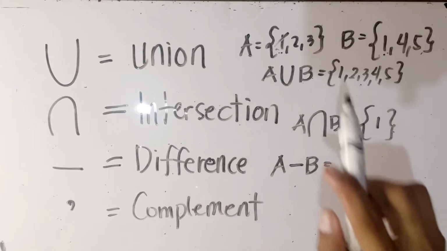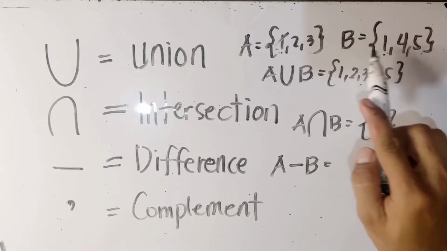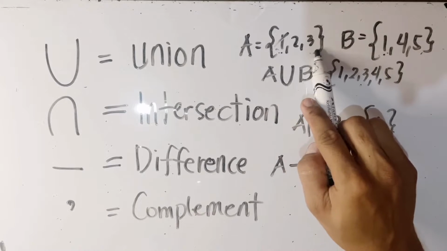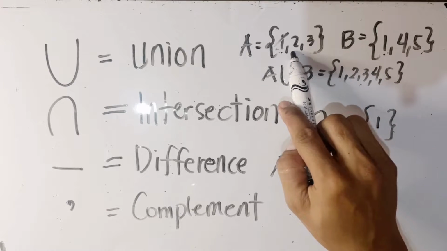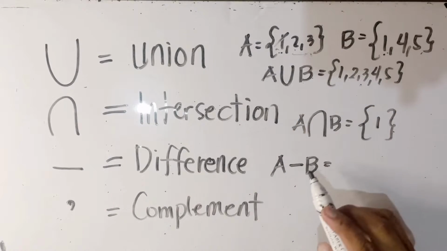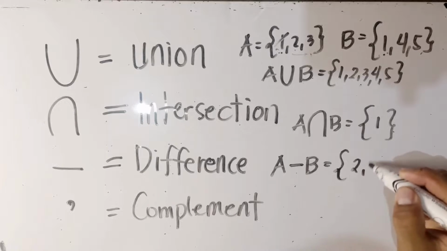What is left is 2 and 3, because set B doesn't have the elements 2 and 3. So elements 2 and 3 are the difference of A and B.